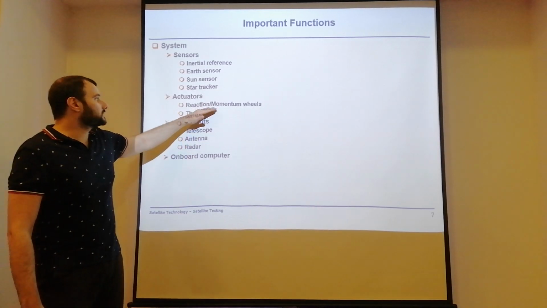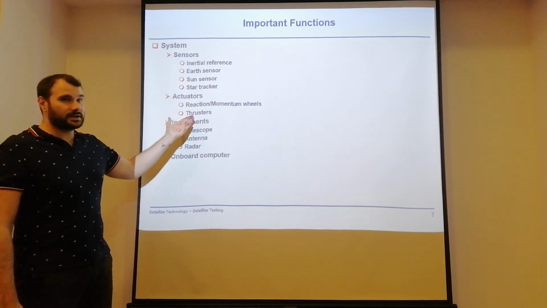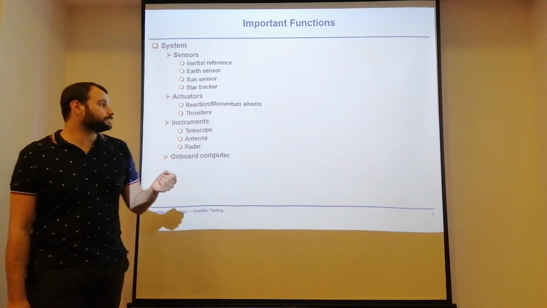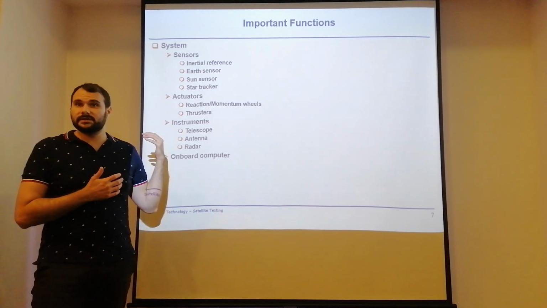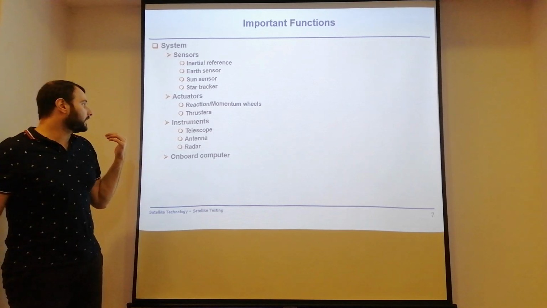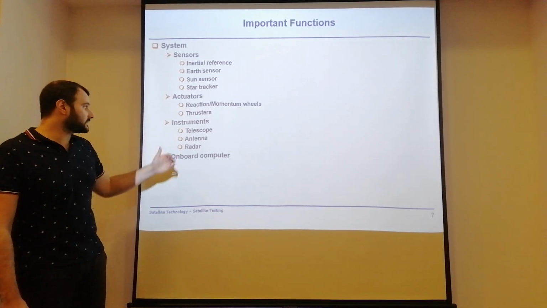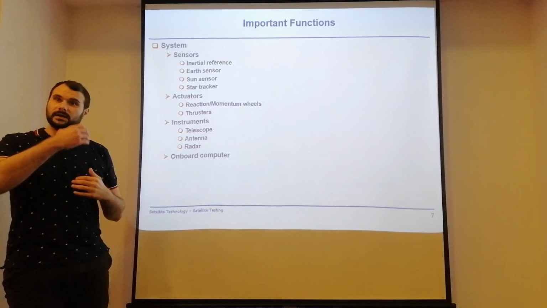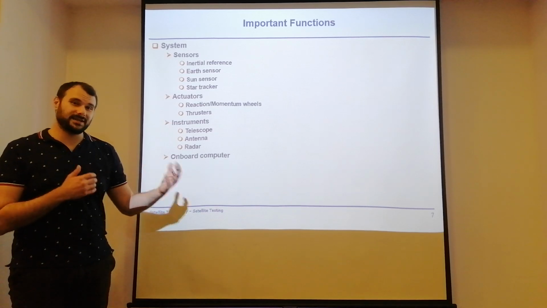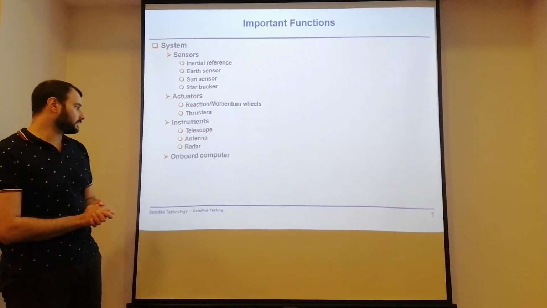We also want to test our actuators. If we have reaction or momentum wheels, we need to test that they're working properly. But thrusters also need to be tested somehow. If we have instruments on board, of course, this is usually the reason why we launch our satellite. We want to test that all of our instruments actually work. So if we have a telescope, antenna, or radar on board, we want to test those units, doing specific and special tests to verify the functionality of this system.